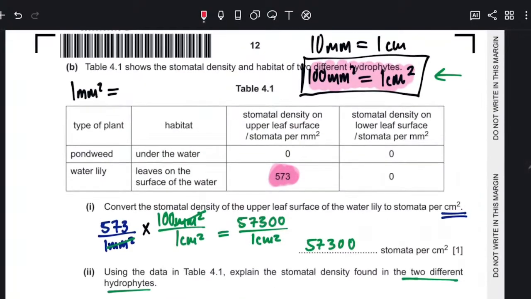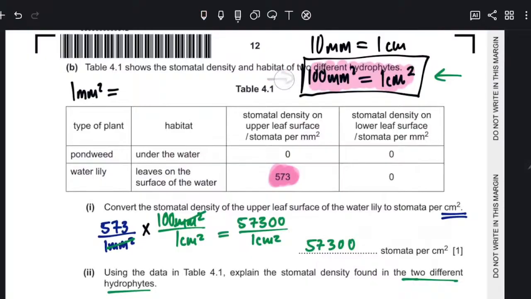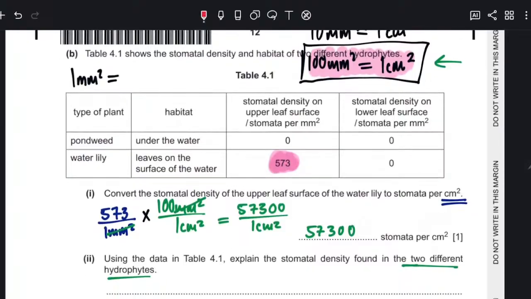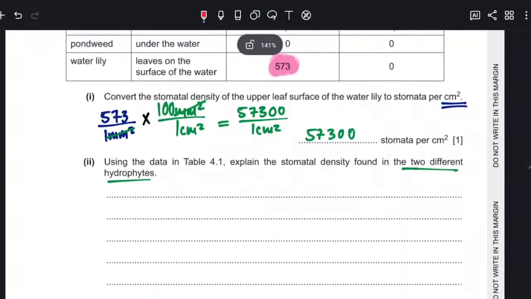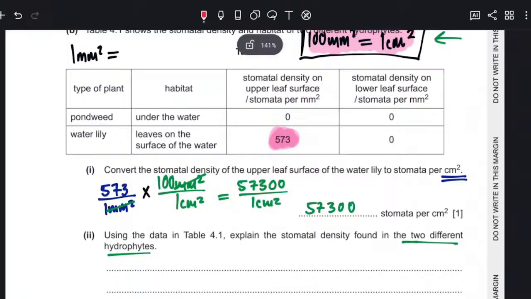You need to first have the relationship between the two, then you make it a fraction. Use the data in the figure to explain the stomatal density found in the 2 different hydrophytes. We have pondweed, then we have water lily. Under the water, your pondweed is 0. Its stomatal density is 0.